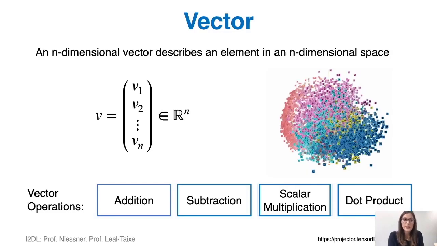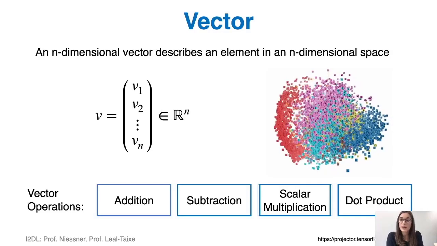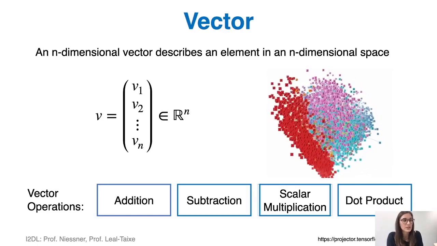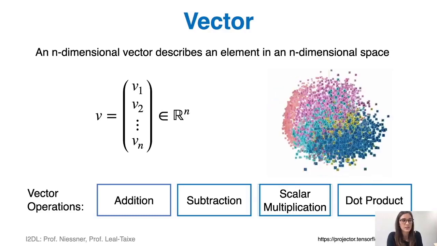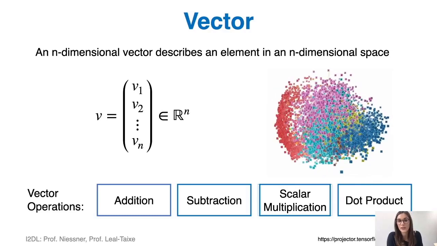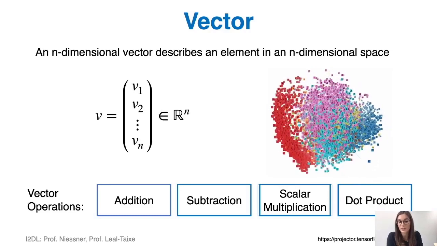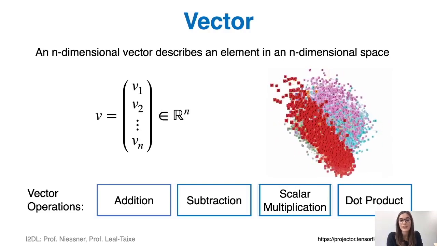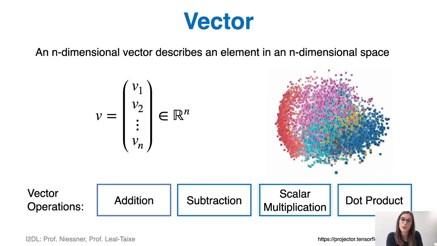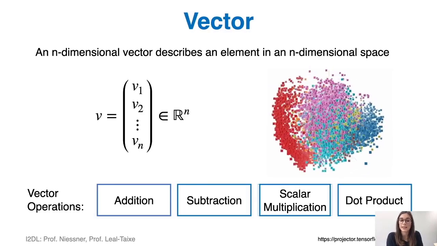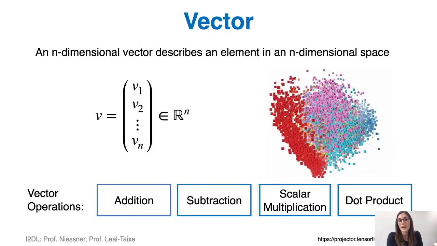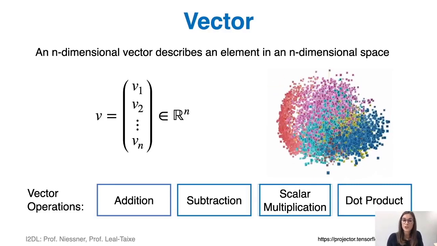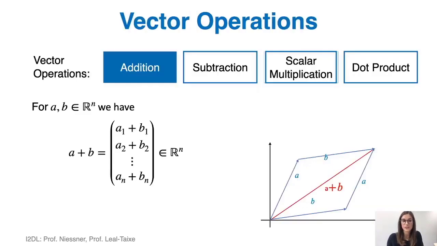The figure here shows a three-dimensional space, in our case R3, where each of the little pictures that you see is one vector in our three-dimensional space R3. For vectors, we can define four basic operations, and these are addition, subtraction, scalar multiplication, and the dot product. We will have a short view over these operations.